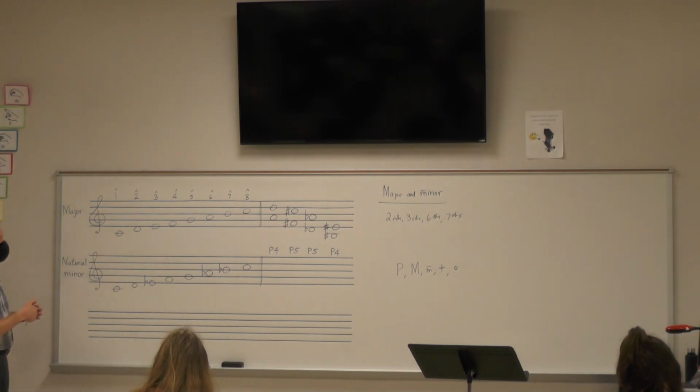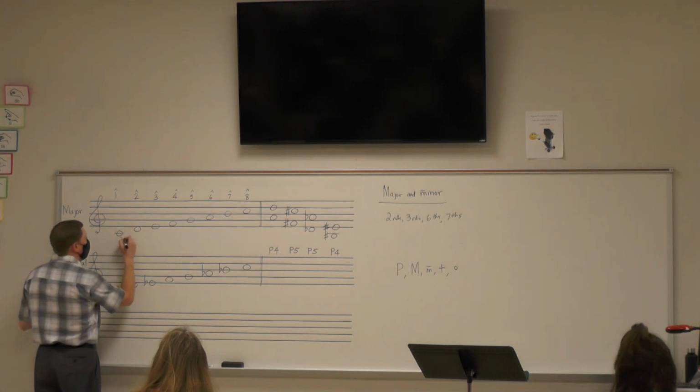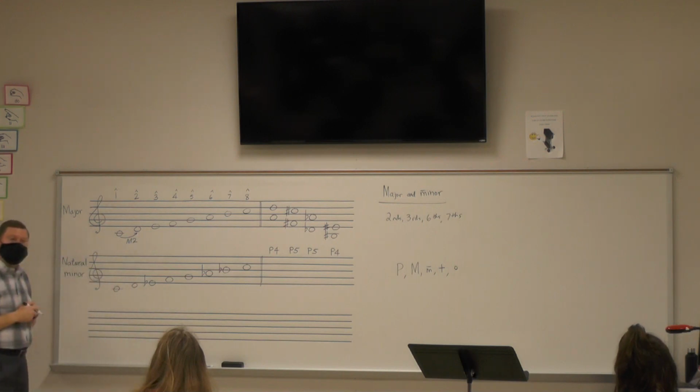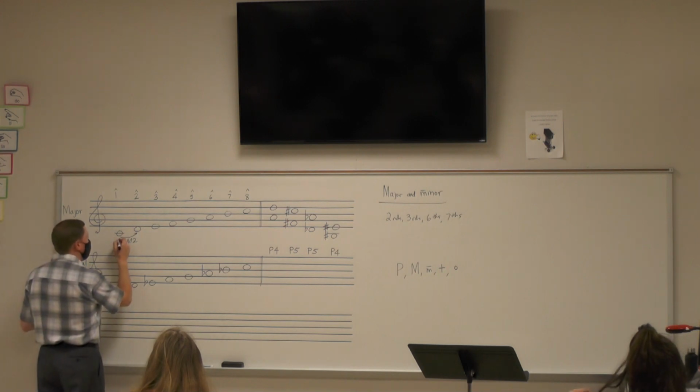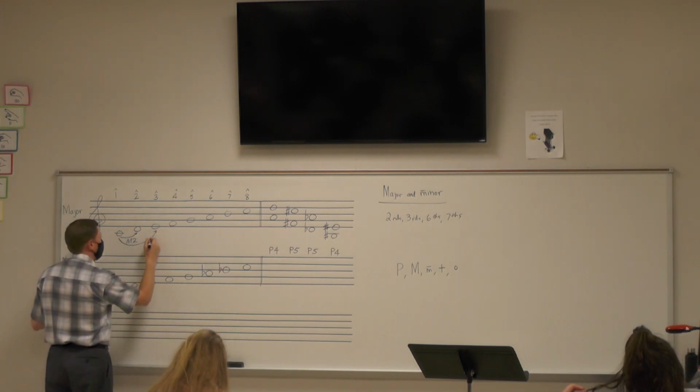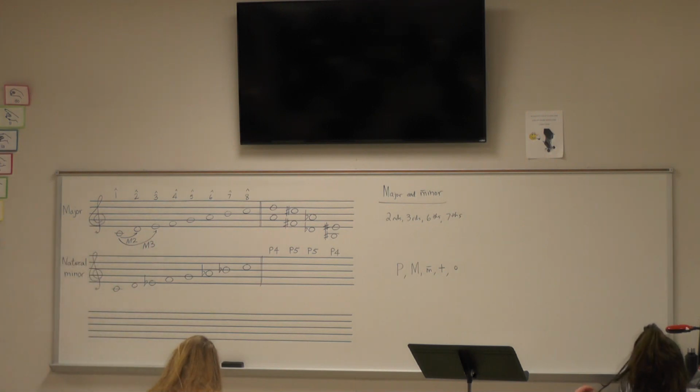You can find the distance of a major second by thinking of a major scale. The distance between scale degree 1 and scale degree 2 in any major scale is always a major second. The distance between scale degree 1 and scale degree 3 in a major scale is always going to be a major third.